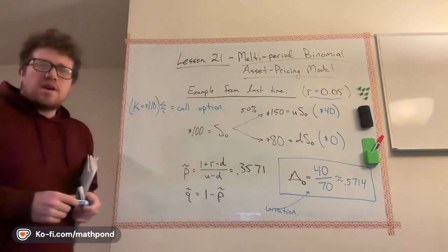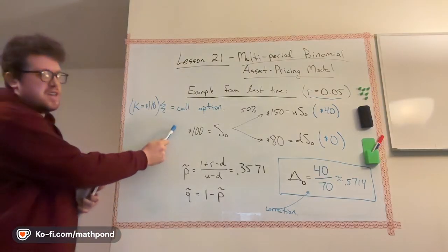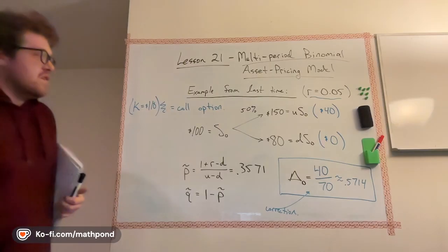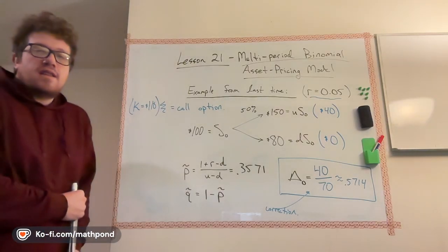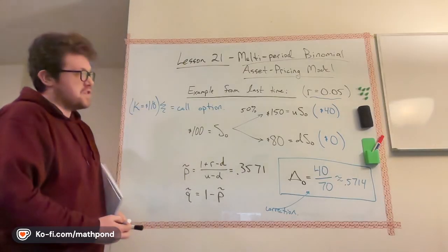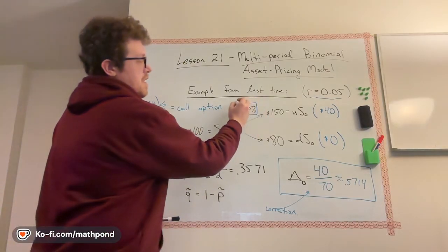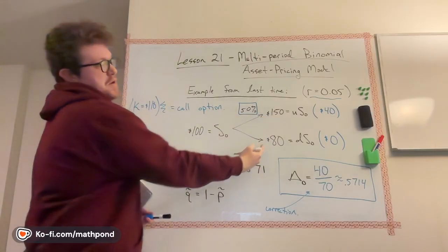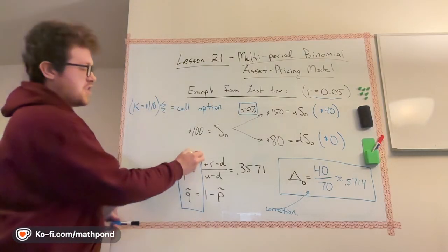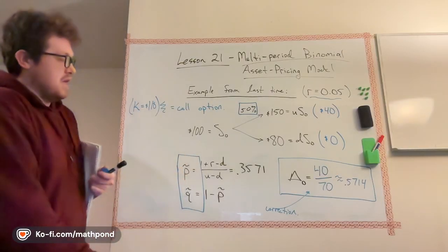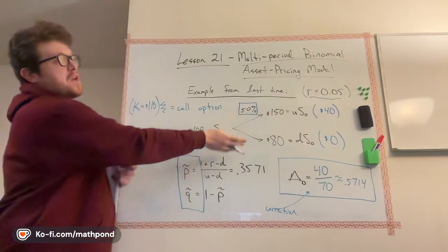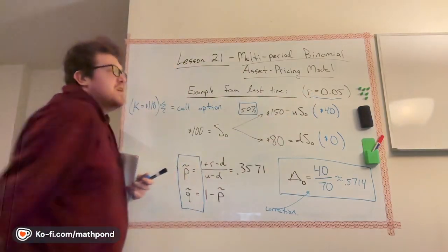Are there any questions about the problem last time? I just have this correction where I flipped this fraction by accident. In the one period model, maybe there were 50% odds in real life that this stock would go up and 50% that it would go down. But there was a change of measure, where if we view the probabilities differently, this is a risk-free measure where on average the stock goes up at the risk-free rate, which was this 5%.